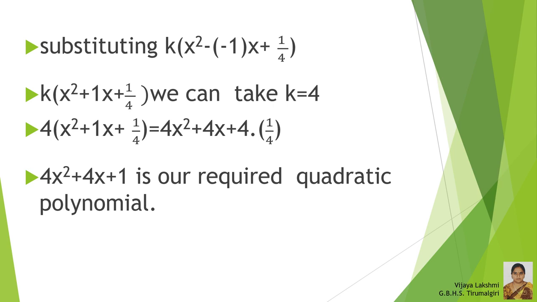We can take k is equal to 4 so that the fraction part 1 by 4 can be turned into an integer. So multiplying the whole polynomial by 4: 4x square plus 4x plus 4 into 1 by 4. The 4 gets cancelled in the last term and we get 4x square plus 4x plus 1 as our required quadratic polynomial.